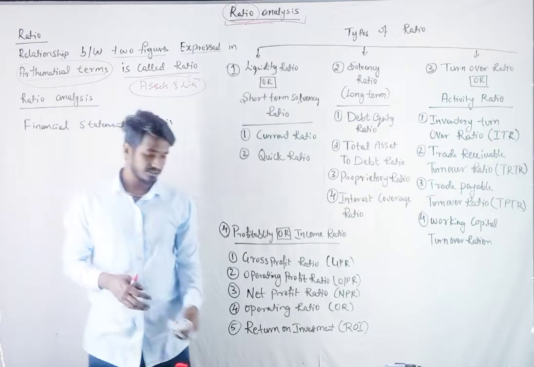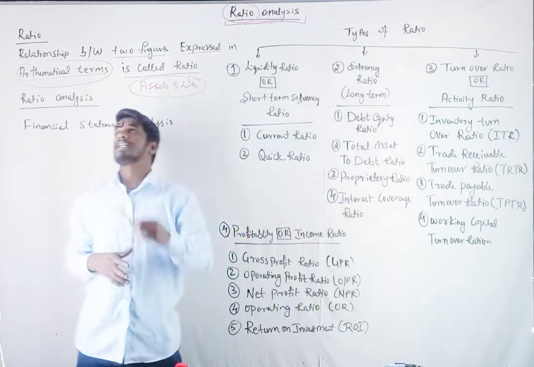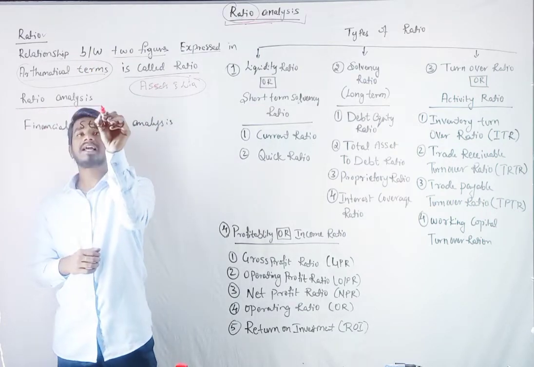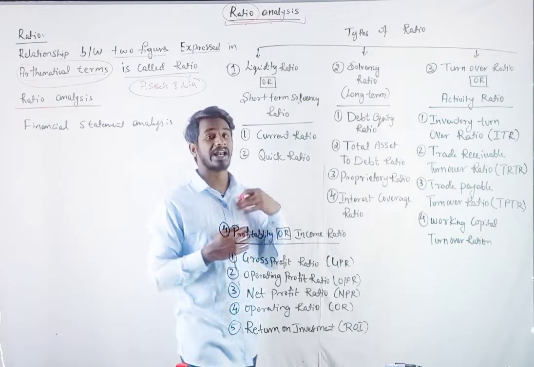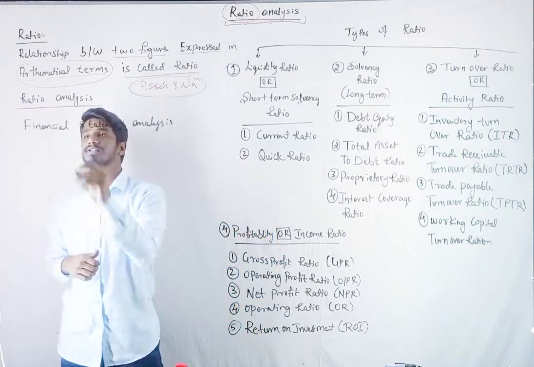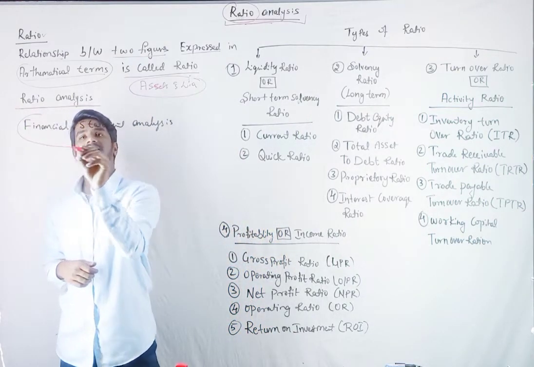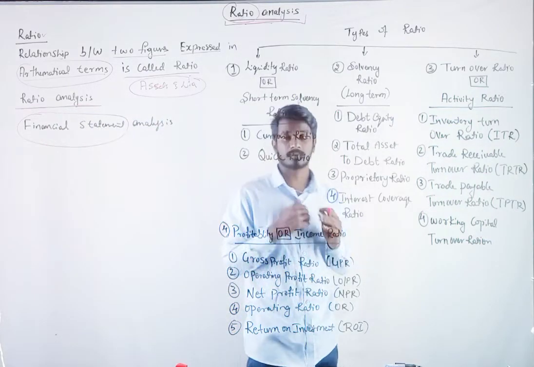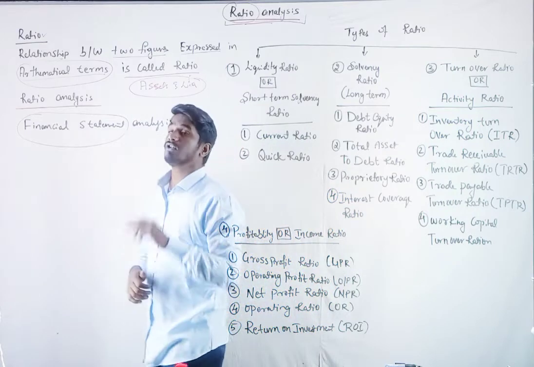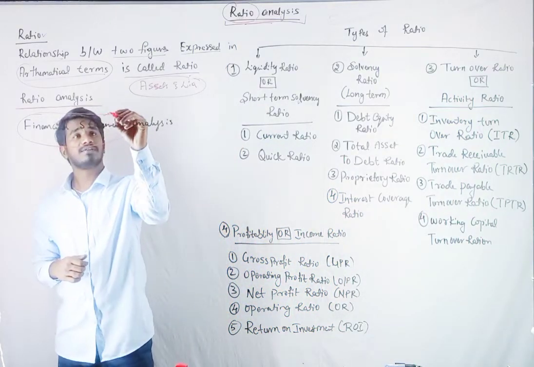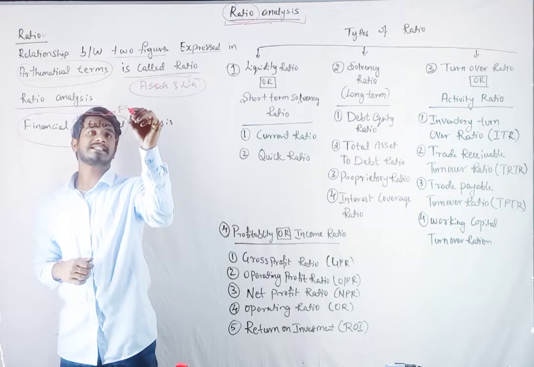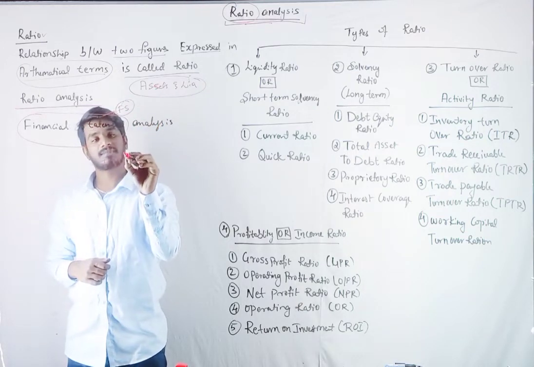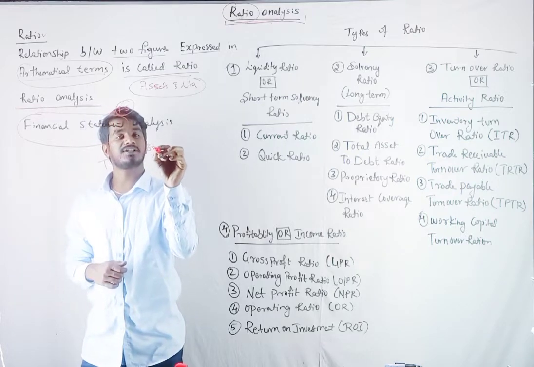So next, we understood what is ratio. Fine. What is ratio analysis? Ratio analysis means we're basically analyzing the financial statement of the company. Before starting this chapter, you should be very clear with the financial statements, that is your trading and P&L and balance sheet.